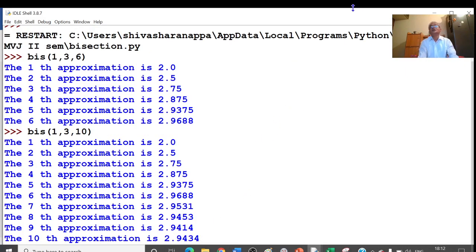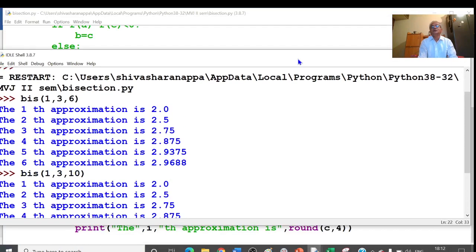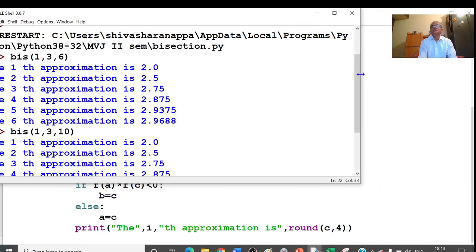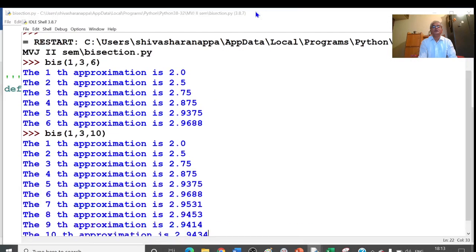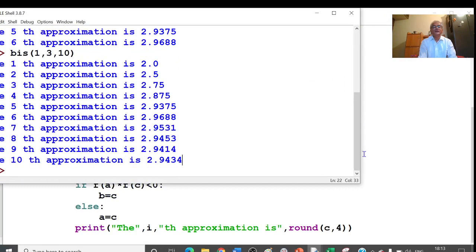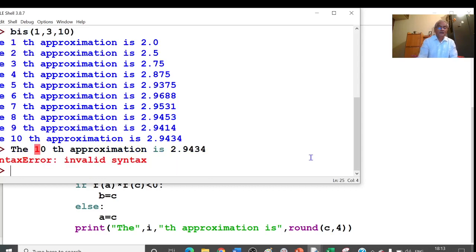Again, if you want to change the A and B values, then BIS, say 2 comma 4 comma 6.